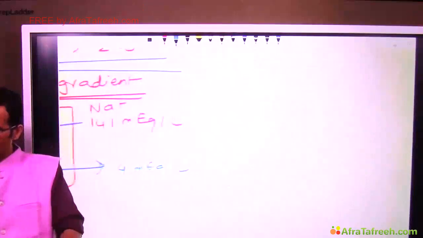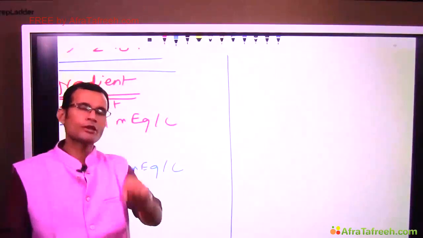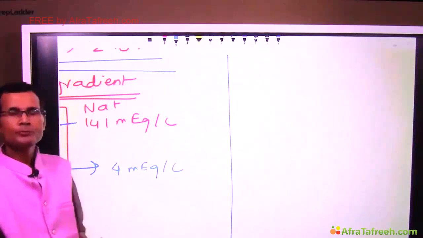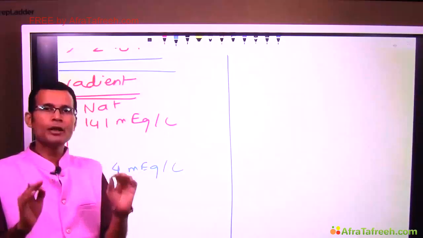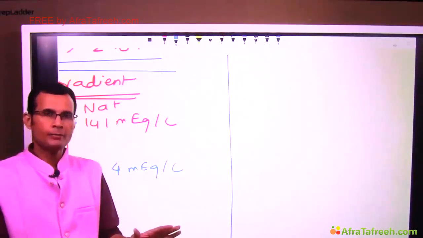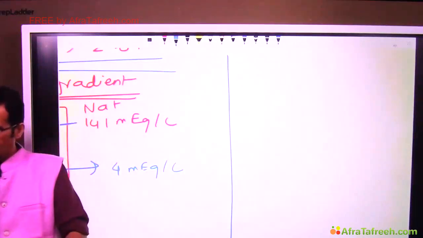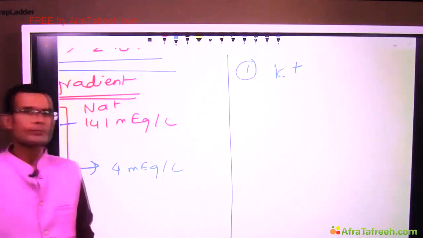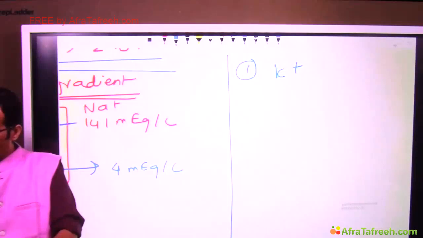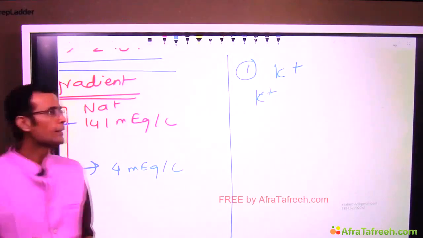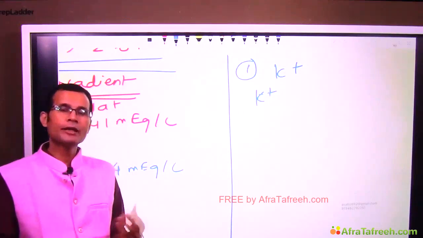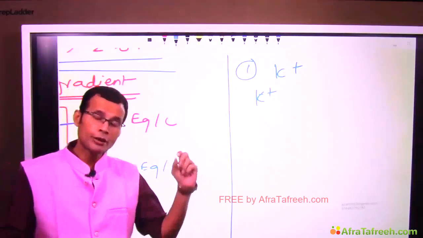And therefore now let's come to the MCQs, or questions, that I asked a few minutes ago. The most diffusible ion for any cell is... the answer is potassium. Let me write down: the rate of potassium diffusion is 50 to 100 times greater as compared to the rate of diffusion of sodium.